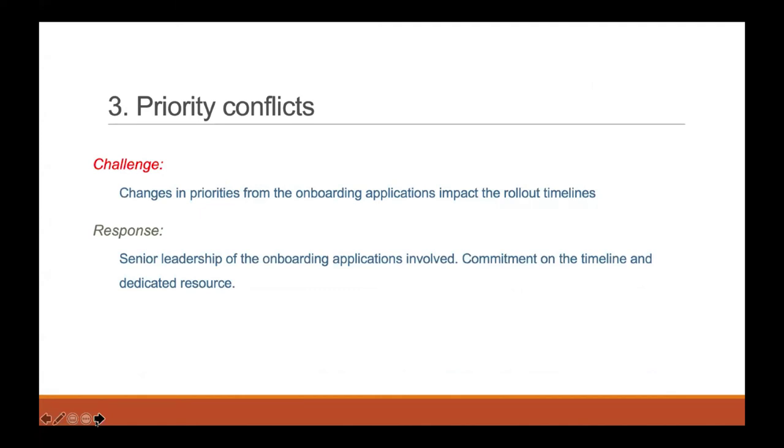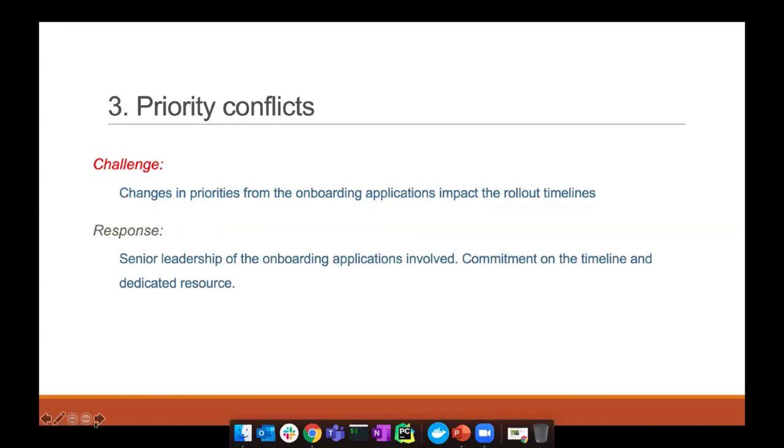So getting their involvement is tough. What we did was match our timelines with them, and then escalate it to senior leadership on the onboarding team, and get a dedicated resource for the commitment and for his timelines while we are rolling out.